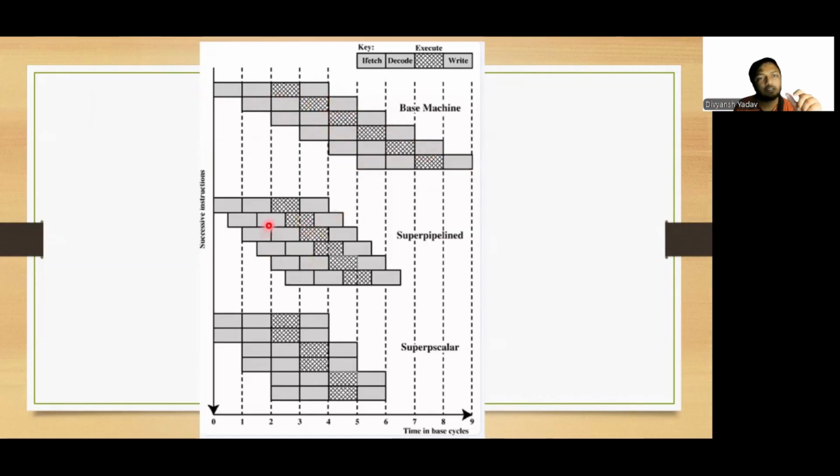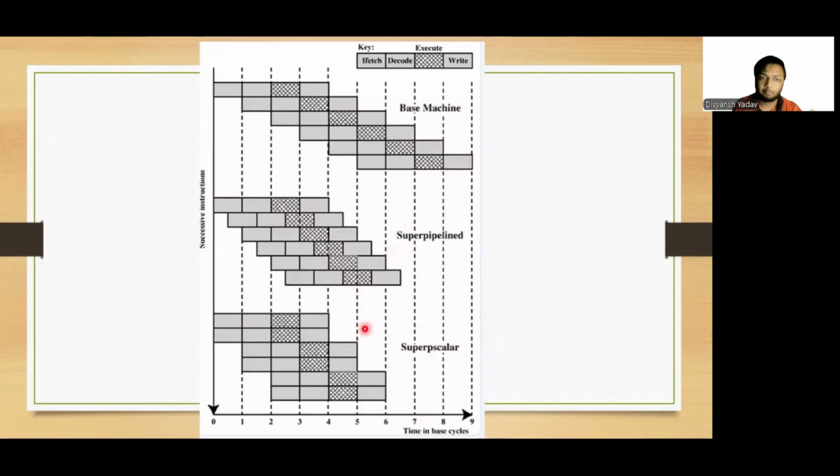Whereas in superpipeline, you can see that multiple instructions have been started, but the execution is not fully complete. When the execution of the first block is half complete, the execution of the second block is initiated, and it goes on like that. So it takes fewer clock cycles than the base machine.